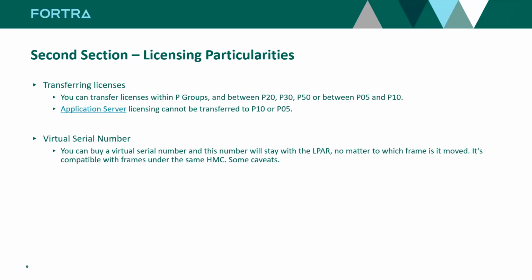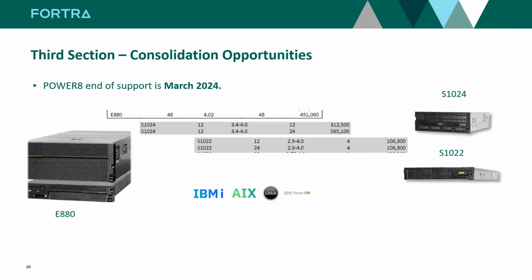Now, we spoke about how the capacity grows over the years, and we have an example here of a Power 8 E880 with 40 cores, where the end of support is in March 2024. And as we discussed, the performance increase is over 110 more CPWs on the Power 10 than on the Power 8.